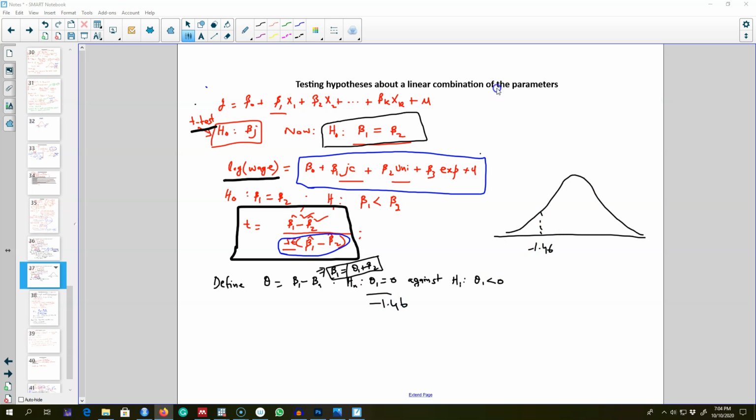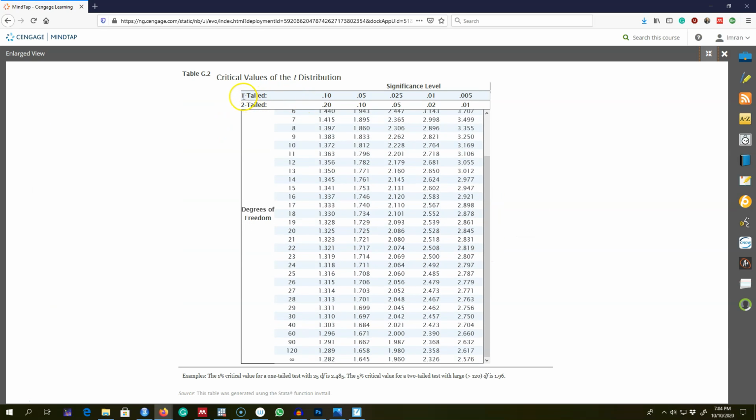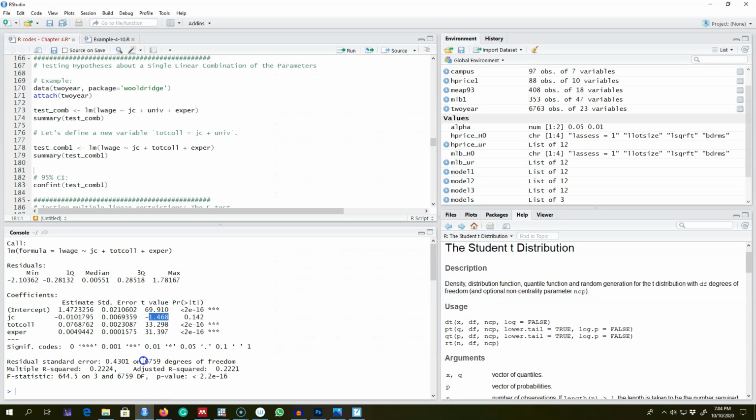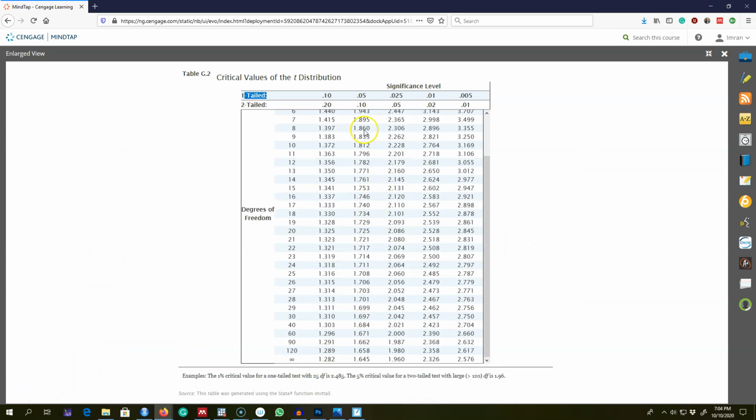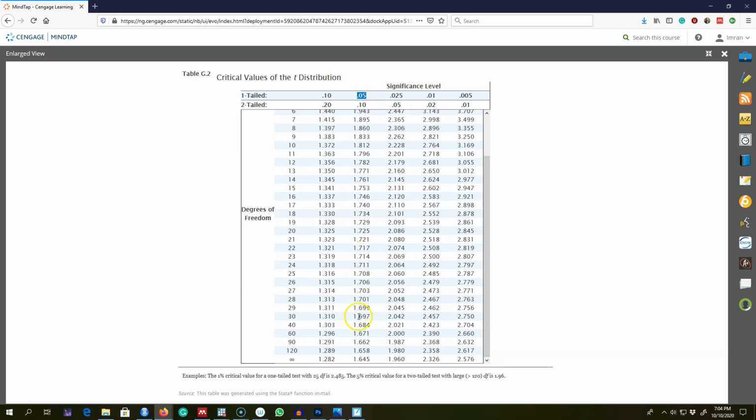If we look at our t-distribution table at the end of your book, then we are in the one-tail test because we are looking at the left-hand side of this table. And our degrees of freedom, as we can see, is infinity because we have more than 6,000 observations. So we'll consider it as infinity. At 5% alpha or 95% confidence, the value is 1.64.